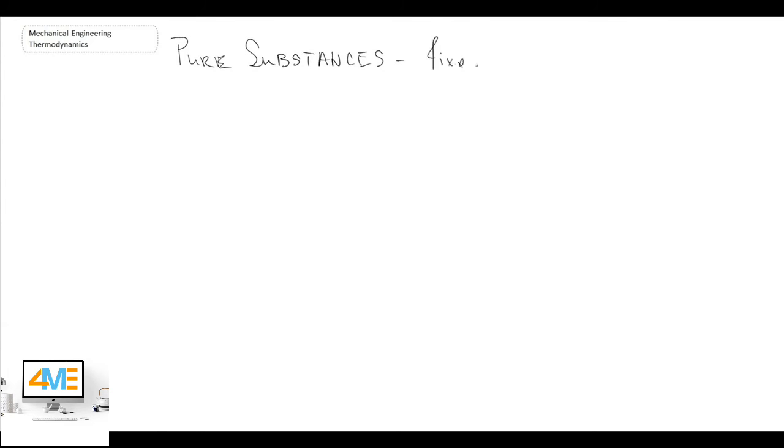When we look at combustion later on in the course, there you have chemical reactions, and so the composition is changing due to the chemical reaction. But we are going to assume that we're looking at pure substances.